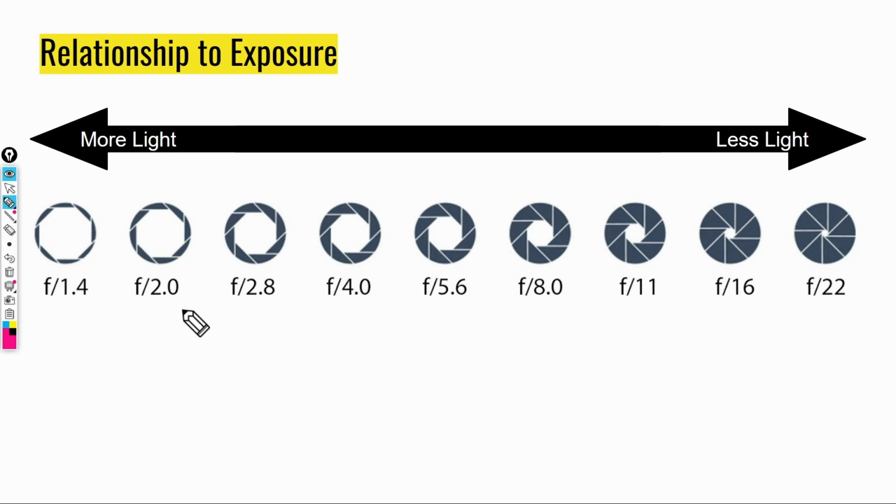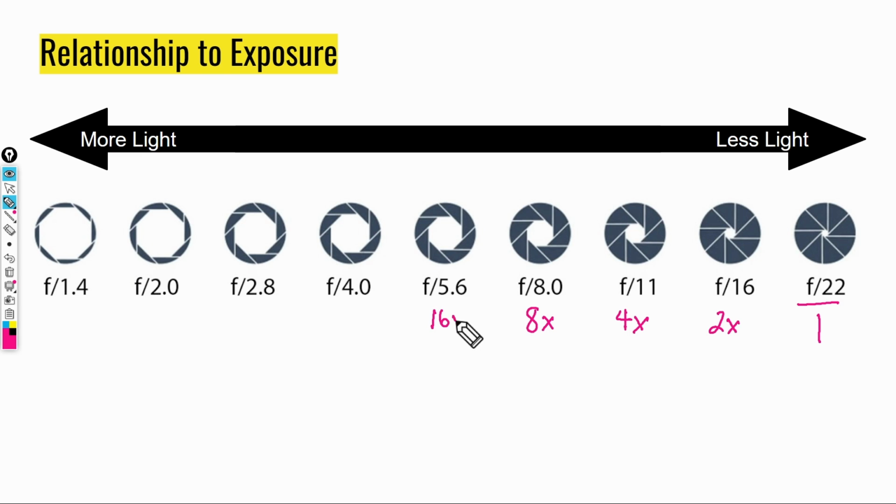And to give you an idea of the overall scale of this aperture range, let's say we start at f22. This is letting a certain amount of light in. We'll just call that 1. When we go to f16, we're letting in twice as much light. If we were to go from f22 down to f11, we're letting 4 times as much light. And then we double it again to f8, we're letting in 8 times as much light versus f22.